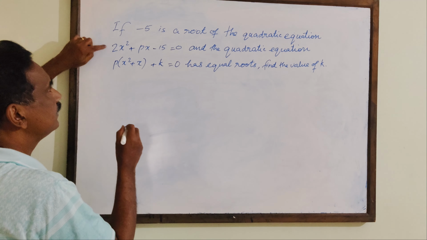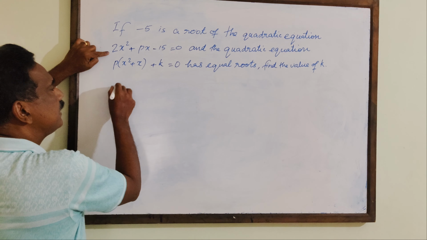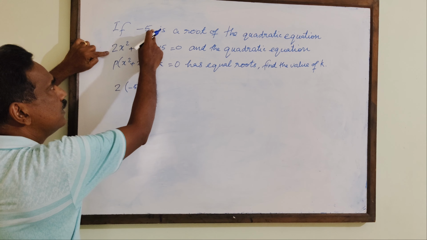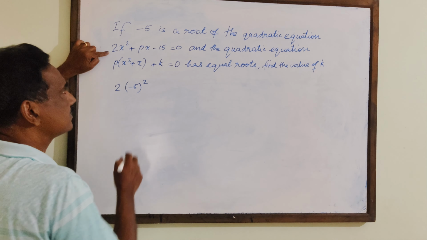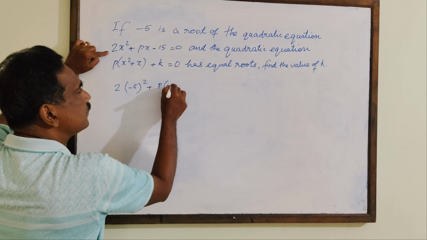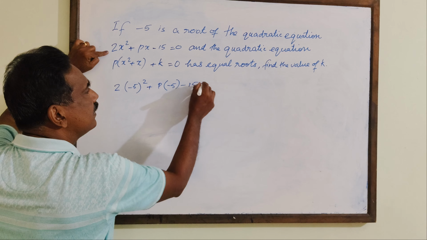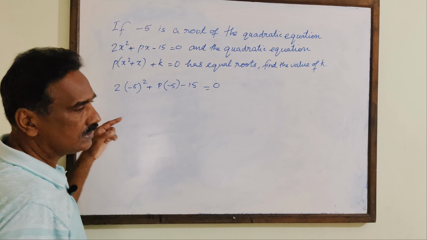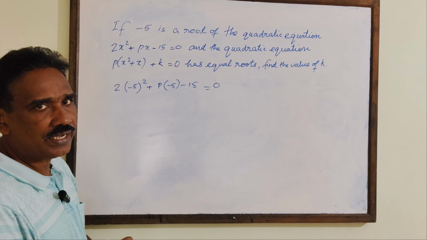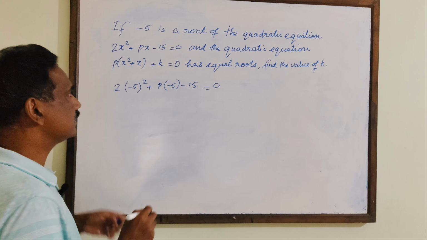So let us try 2x square, that is 2 into minus 5 the square, plus p into minus 5, minus 15. This should become 0. Again, I am repeating, that is the meaning of minus 5 being a root of the equation.